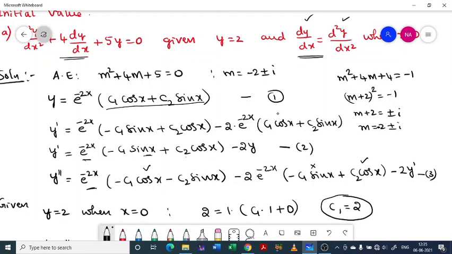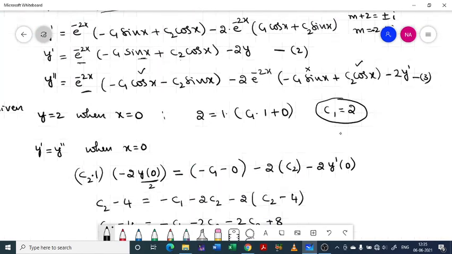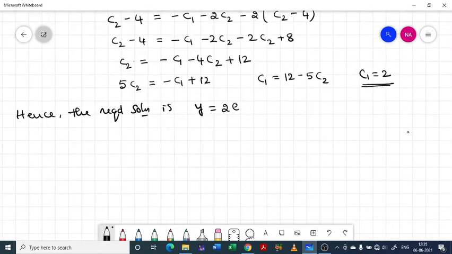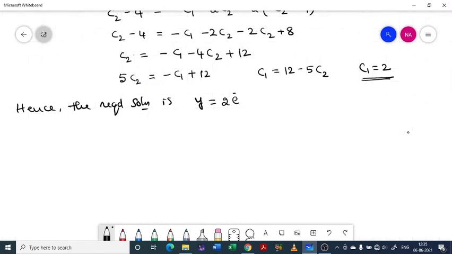You can take 2 outside: 2 e power minus 2x into cos x plus sin x. That is the required solution.